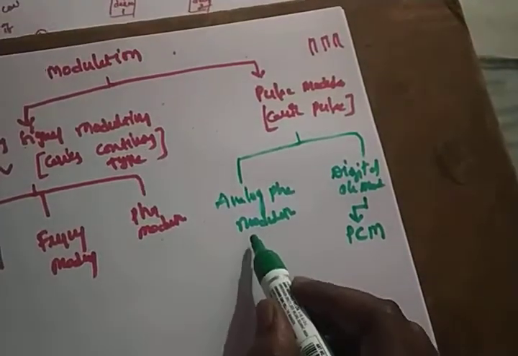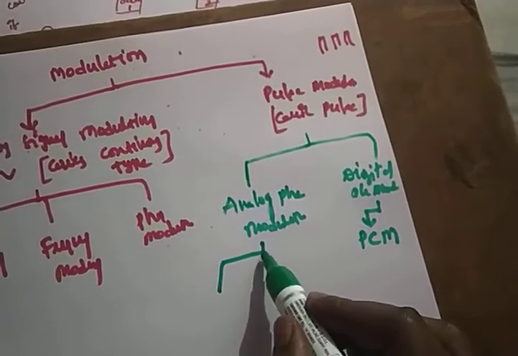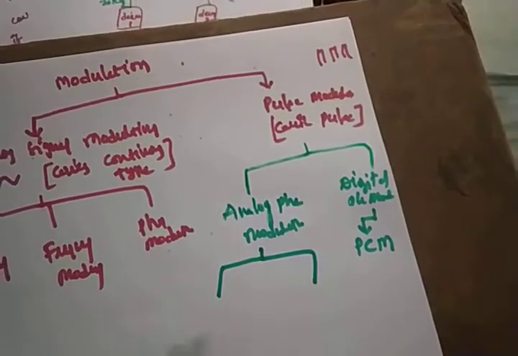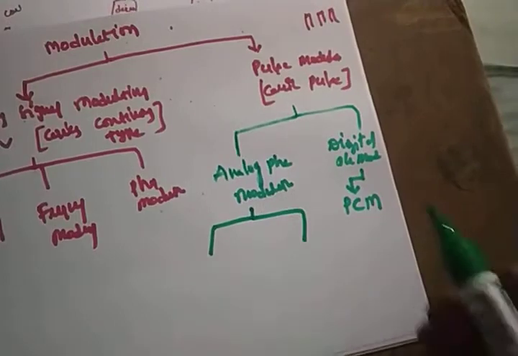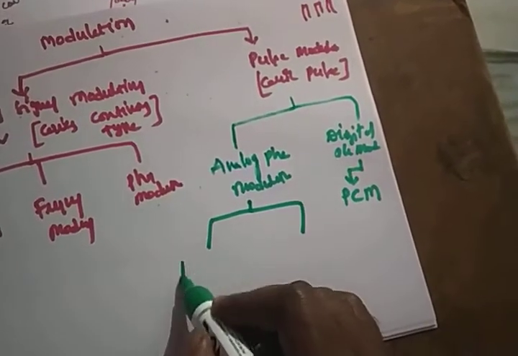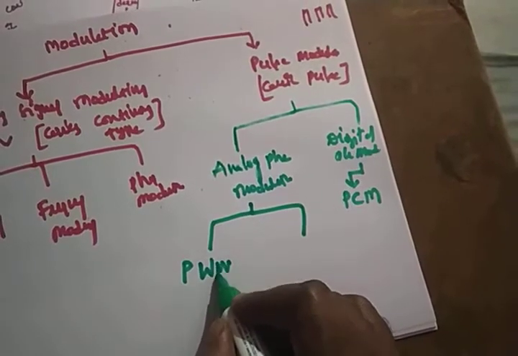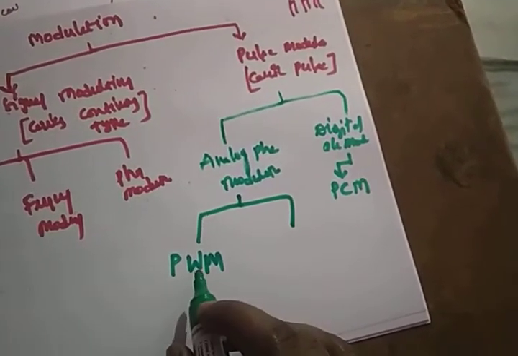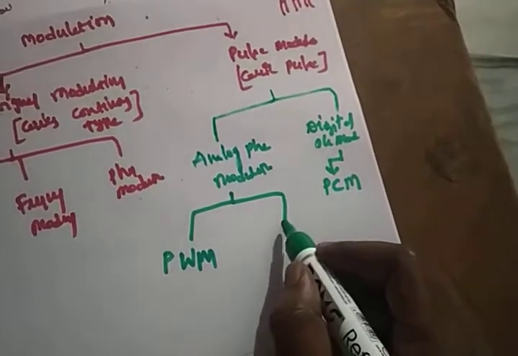Analog phase modulation is categorized into two types. So what are the types? PWM, we discussed in your power electronics, this is pulse width modulation.